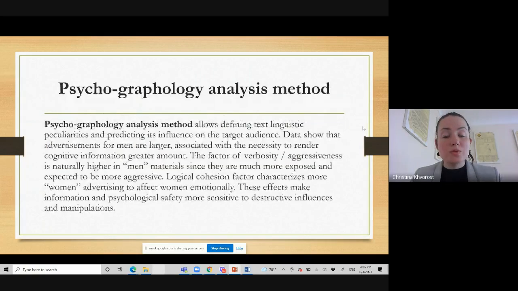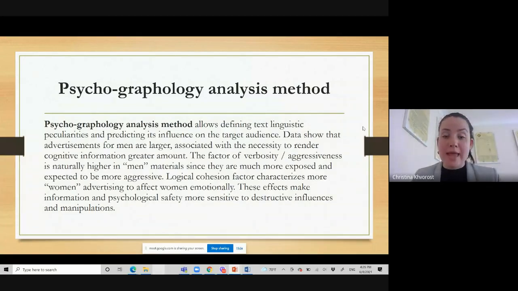One of the methods used during the investigation was the psychographology analysis method, which allows defining text linguistic peculiarities and predicting its influence on the target audience. Data show that advertisements for men are larger, associated with the necessity to render a greater amount of cognitive information.